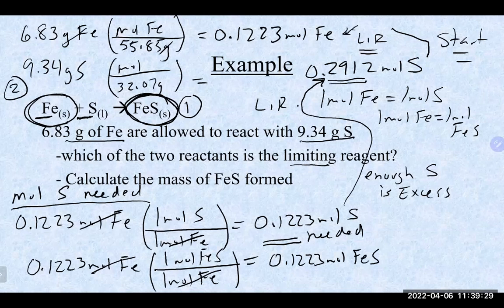That technically would be our theoretical yield in moles. But in this case, I believe we wanted how many grams? So we need to do one more conversion here, which is to use the molar mass of iron(II) sulfide.